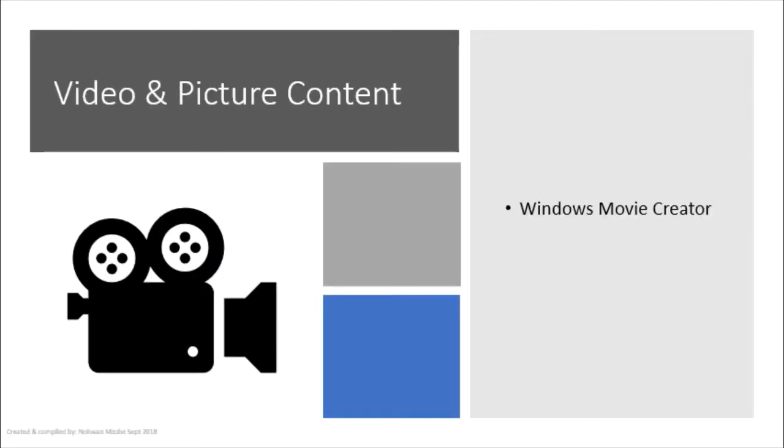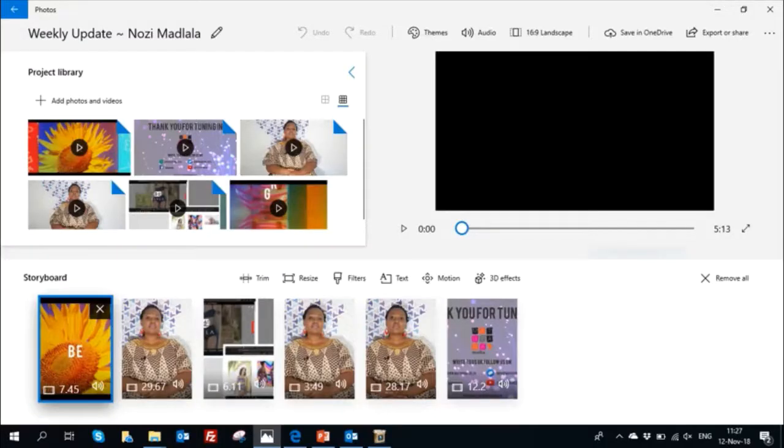The next one, Windows Movie Creator and Windows Photos app. I've put them together as well because they also work very similarly to one another. On the screenshot over here, you'll notice that I've cut some video that I did into small little pieces.